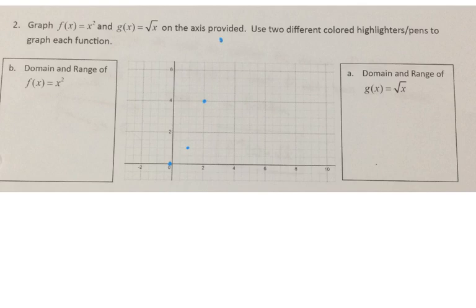And then I also have negative 1, 1, negative 2, 4, negative 3, 9. Everybody good with that? Being x squared?